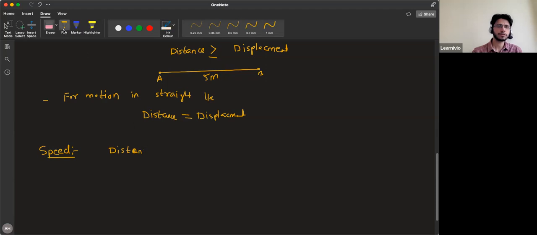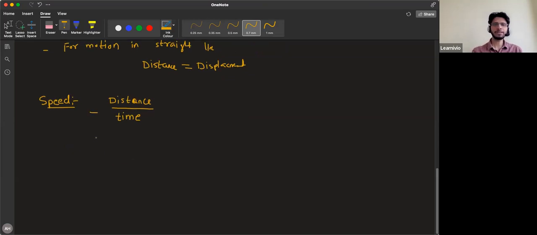Speed, just like distance, is a scalar. SI unit is meter per second. If you have a speed given in kilometer per hour and you want to convert it to meter per second, then 1 kilometer per hour is 5/18 meter per second.